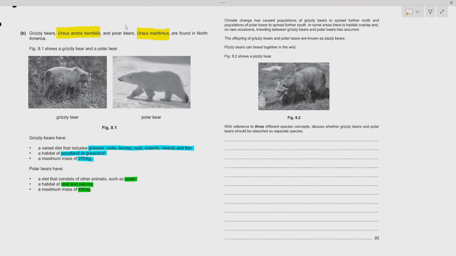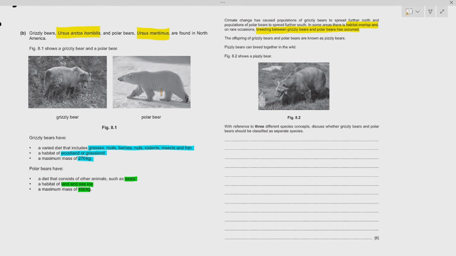Climate change has caused populations of grizzly bears to spread further north and populations of polar bears to spread further south. In some areas, there is a habitat overlap, and on rare occasions, grizzly bears and polar bears have interbred.